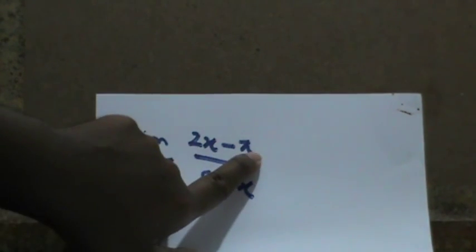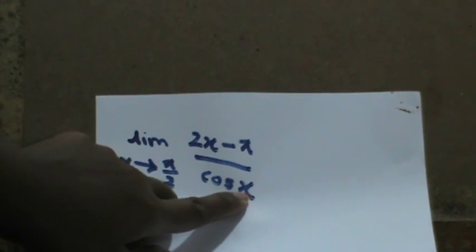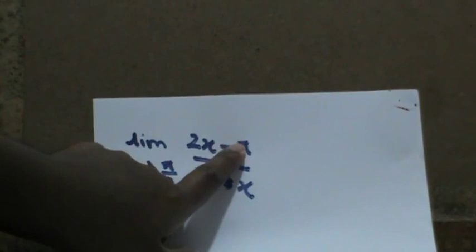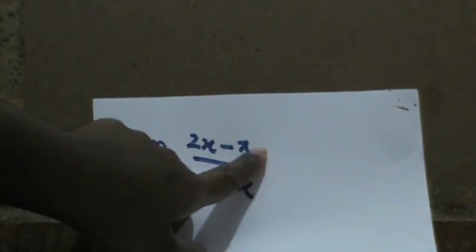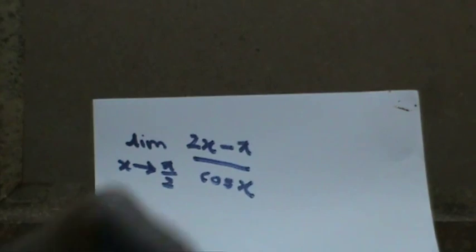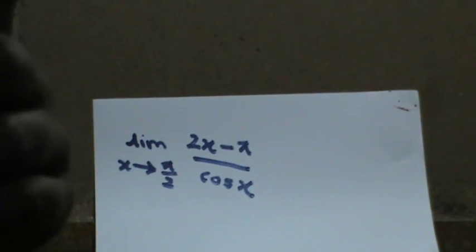So 5 minus 5 is 0, so the numerator is 0. And for the denominator, cos 5 by 2 is again 0. So the numerator is 0 and the denominator is 0, and a quantity of 0 divided by 0 is meaningless. So you can't directly find the limit of this function. That's the first thing you need to know.